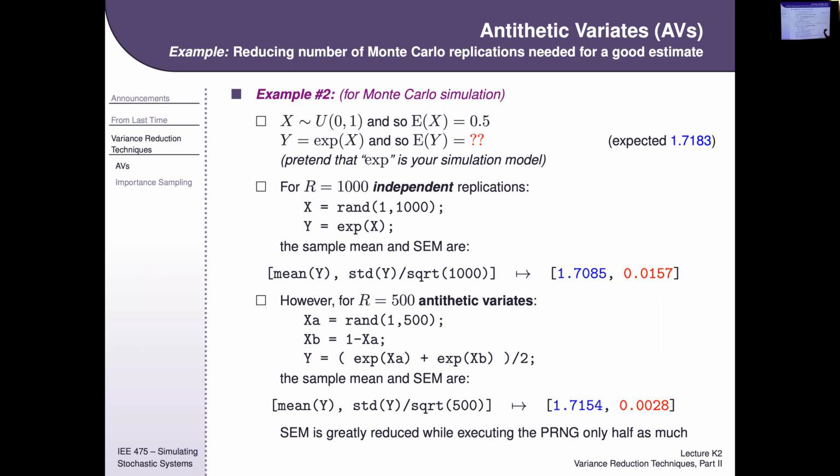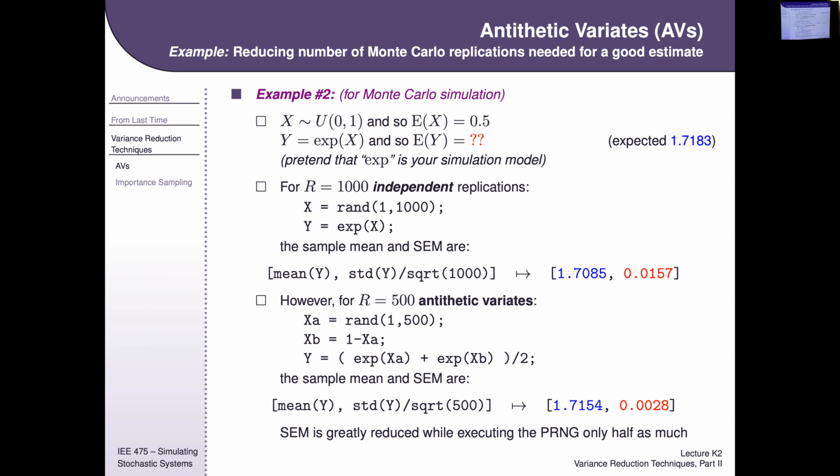I've got a certain mean and standard error of the mean, same as we had before. Now, to generate my antithetic variates, an alternative is to generate 500 random numbers instead of 1,000. Here I did 1,000 random numbers and ran the experiment with all 1,000. Here I'm only going to generate 500 random numbers, and the other 500 are going to be 1 minus the original 500.